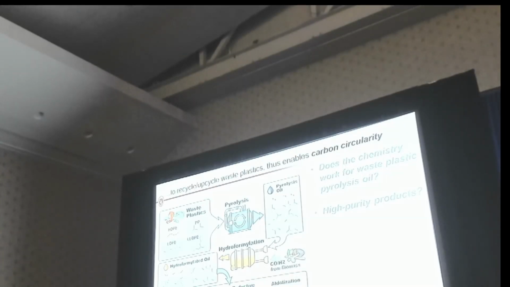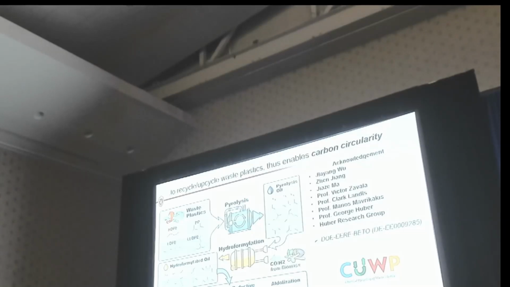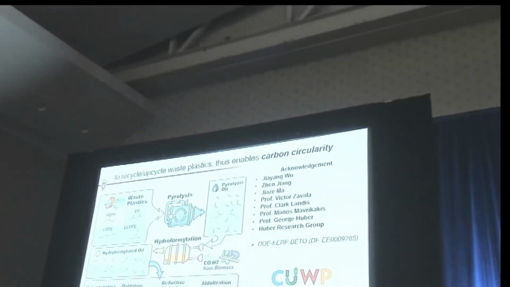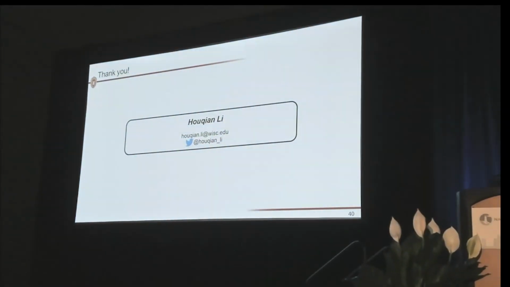And we can use these elements to produce a wide range of products. With that, I would like to acknowledge my collaborators, Professor Victor Spala, Professor Carl Hennis, and other professors. I also want to thank the funding sources and support from professors. With that, thank you for your attention, and I will take questions.